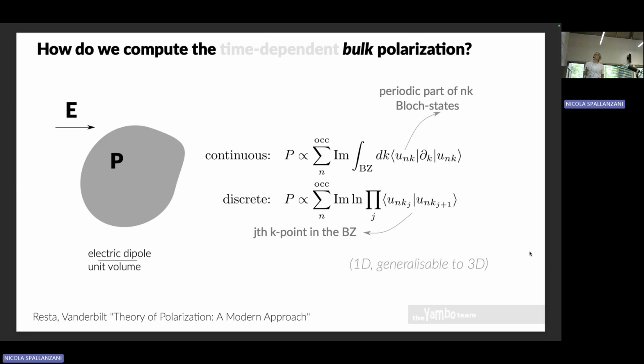This is just the overlap of the Bloch state at some point and the Bloch state at the next point. Then you just go through the whole line of k points, multiply these, take the logarithm, and then you get the result.